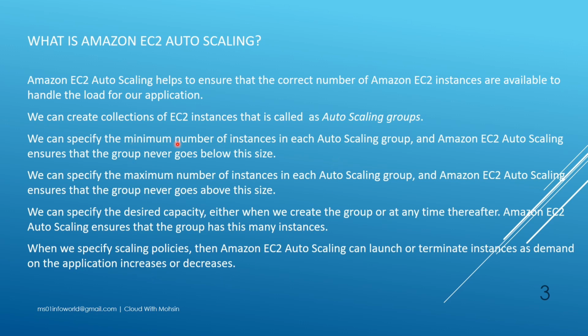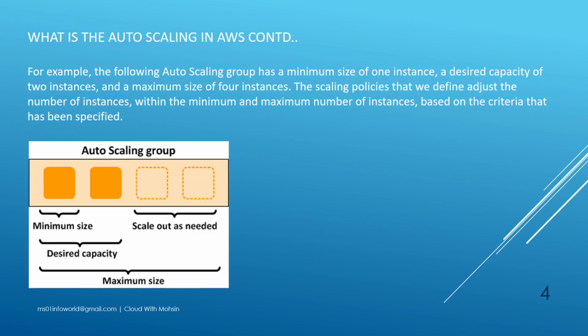And in case you have 4 EC2 instances being used for an application, but you have specified the desired capacity as 2, the additional 2 will be terminated. That it will ensure. You can see this diagram here that explains this concept very well.